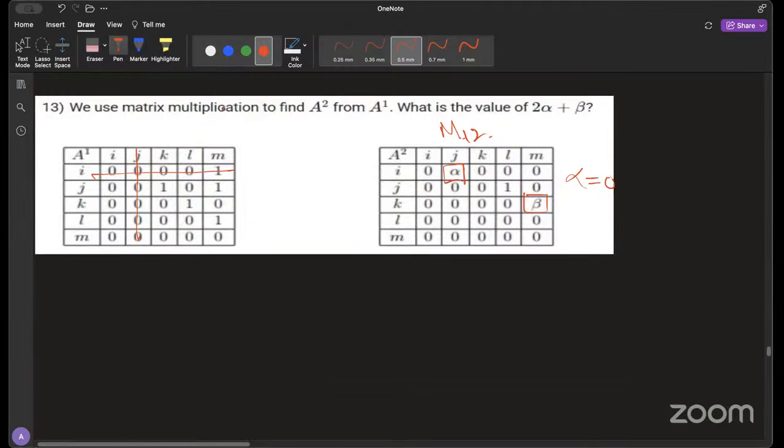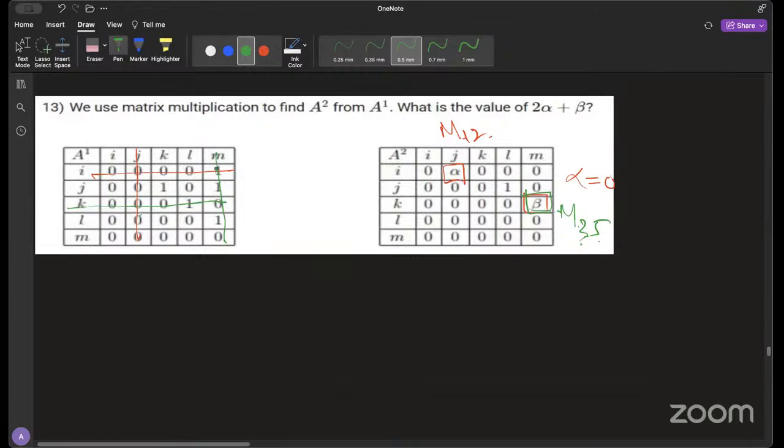And for beta, for this entry, you have to multiply. If the matrix is M, then beta should be equal to 3, 5. The 3/5 entry means third row, fifth column. So it's this one. Multiply this with this, this with this. You know how to multiply matrices, right?